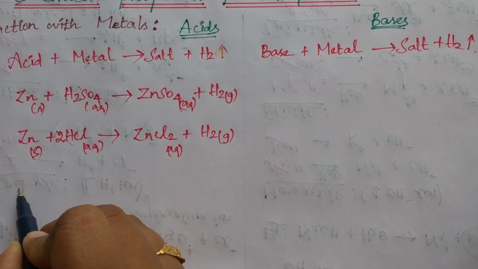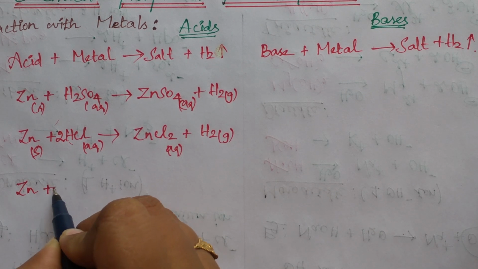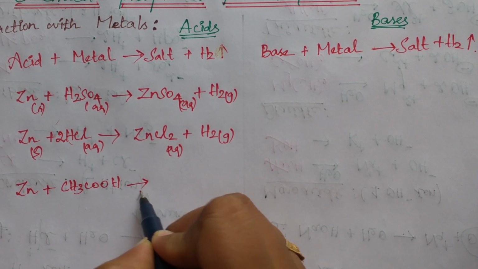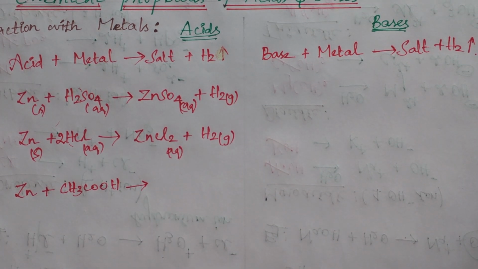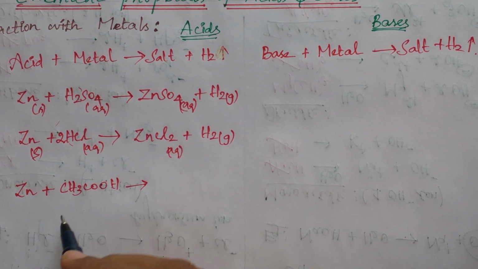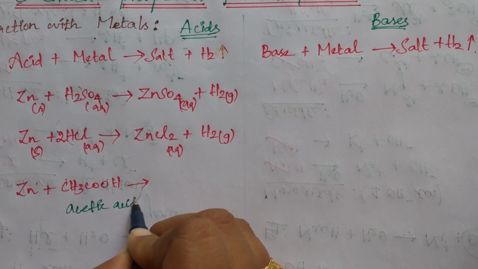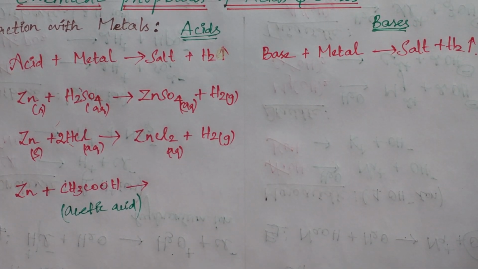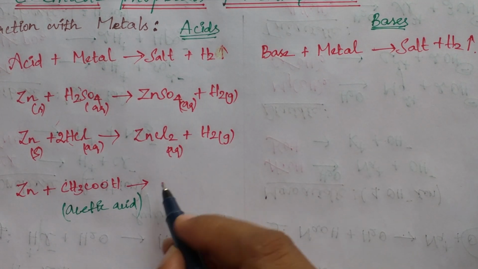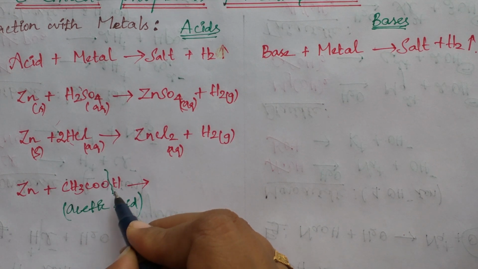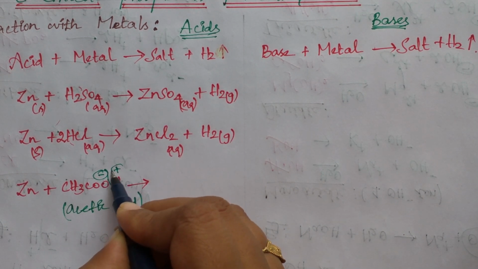See here, Zn plus acetic acid I am taking. So acetic acid is an example of organic acids, right? In the same case also, it produces H plus. How? Here splitting takes place: CH3COO minus and H plus.